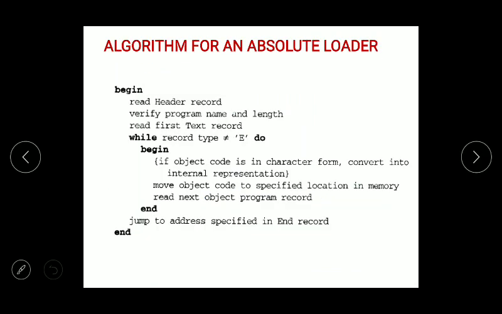There is an algorithm for an absolute loader. Let me explain this algorithm. First, read the header record. The header record contains the program name and length. Remember, letter H followed by COPY, followed by the length of the program. Next, what do we have to do?